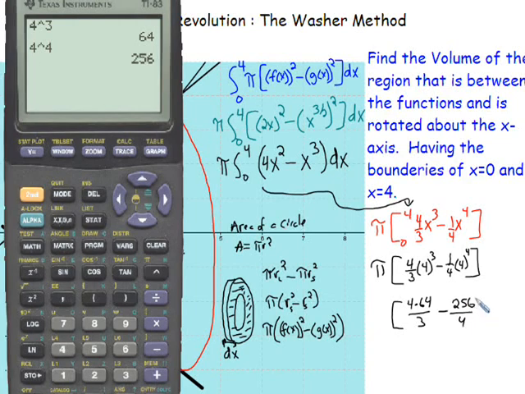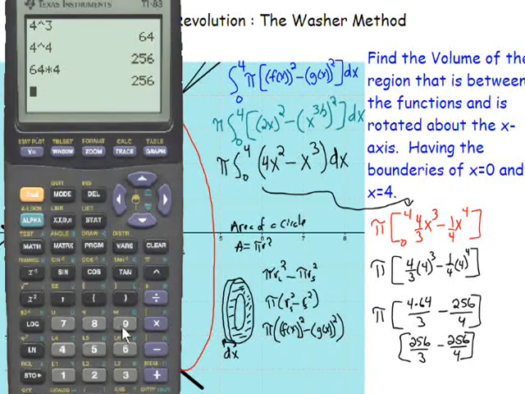Now, we can try to simplify this, or we can have our calculator try to simplify it for us. 64 times 4 is going to be 256. 256 over 3 minus 256 over 4.